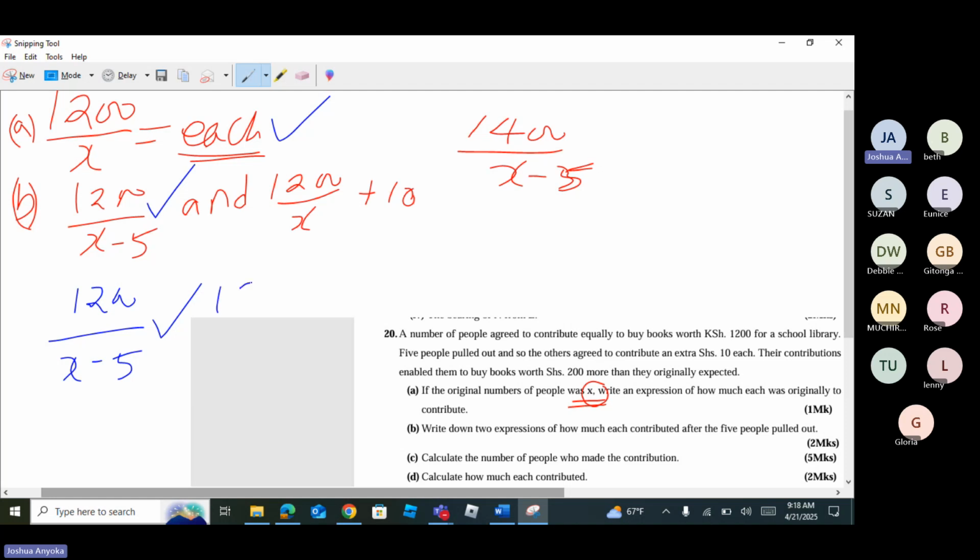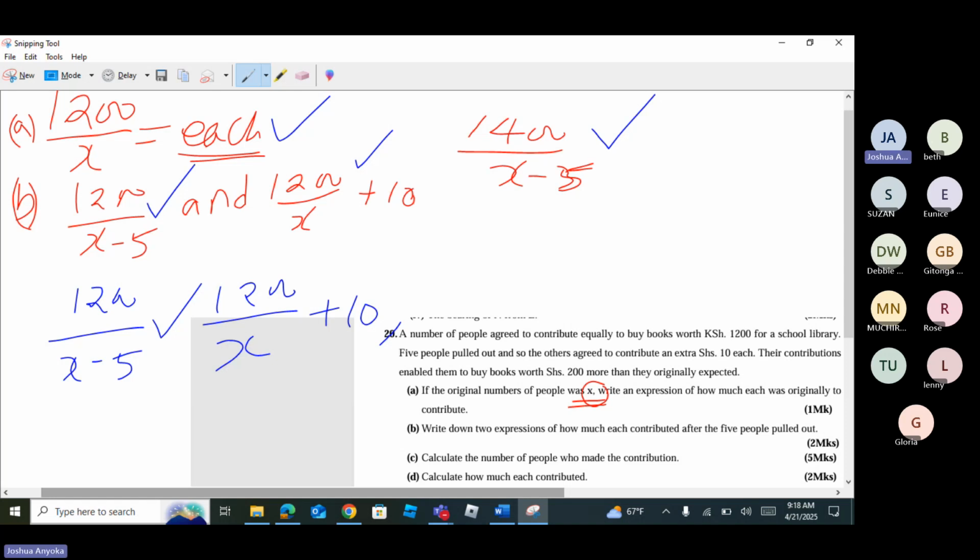So we have 1,200 over x plus 10. That one is okay. Let's analyze the expression given here, 1,400 minus 5.